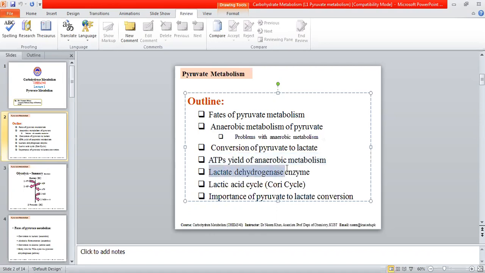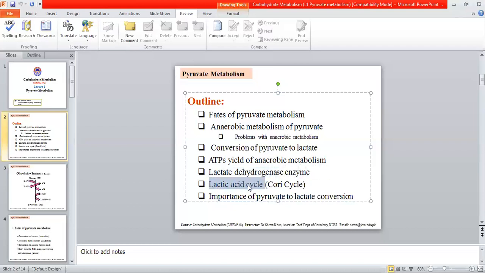Lactate dehydrogenase enzyme is a very important enzyme in this pathway, and we will have a thorough look at this enzyme. Then we will come to the lactic acid cycle.